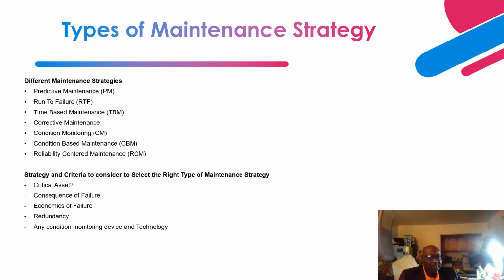Next is reliability-centered maintenance. What is the reliability-centered maintenance strategy? That one is an optimization. You're optimizing the implementation of all these types of maintenance that I have mentioned: predictive maintenance, run to failure, time-based maintenance, corrective maintenance, condition monitoring, and condition-based maintenance.